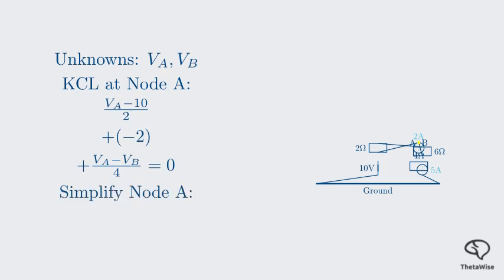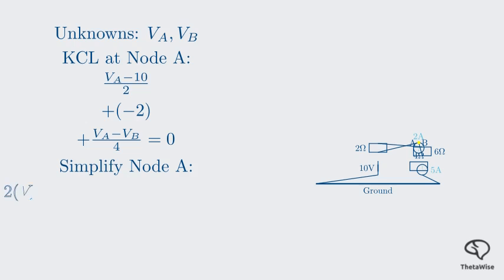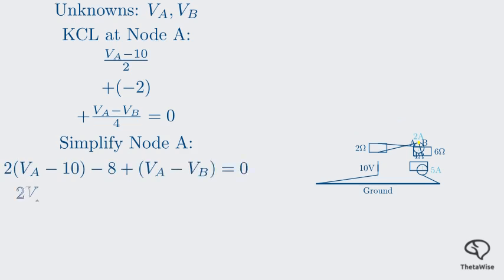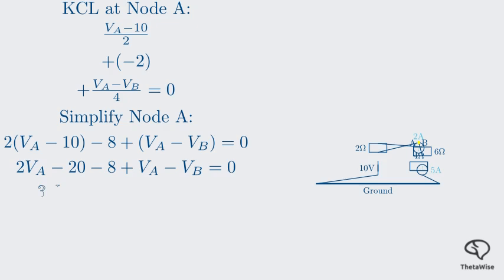We can multiply the whole equation by 4 to clear the denominators. That gives us 2 times VA minus 10, minus 8, plus VA minus VB equals 0. Expanding, we get 2VA minus 20 minus 8 plus VA minus VB equals 0. Combining terms, our first nodal equation is 3VA minus VB equals 28.